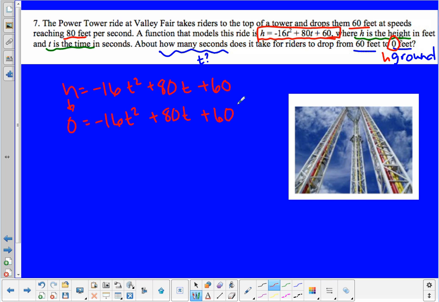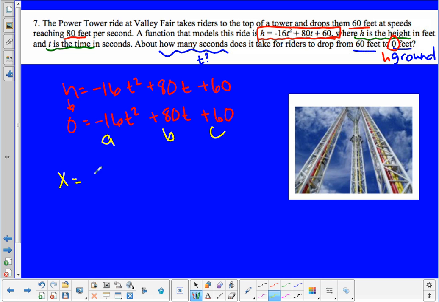So again, your three options for solving are graphing, factoring, and quadratic formula. Now, this looks like kind of an ugly thing to graph. You've got some big numbers to deal with, and you'd have to make a rather big coordinate plane. You could probably try to factor it, but again, you're going to get some pretty big numbers to deal with. So I think the easiest way is just to use the quadratic formula. So that's your A, that's your B, that's your C, and plug it in.